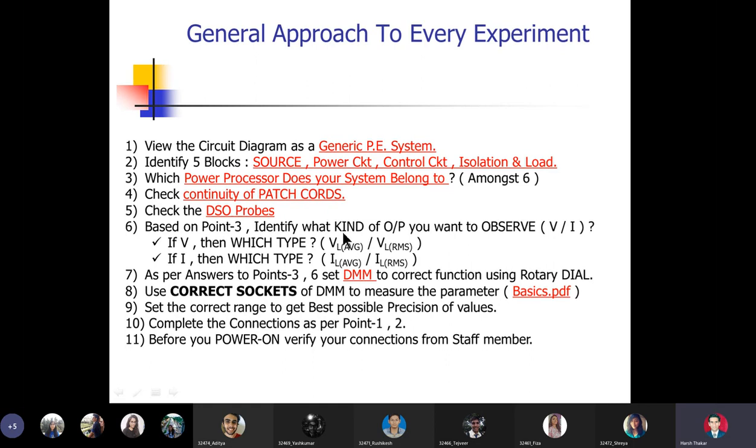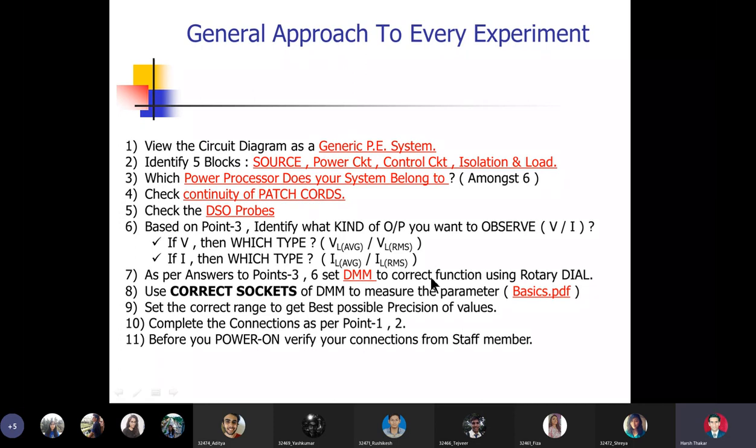So you know that any signal waveform in power electronics can have an average value or an RMS value, which indicates either the DC content or the AC content of the signal. So if you know which power processor you are experimenting on, you also know whether the output is AC or DC. Accordingly, you can set the DMM to measure either average voltage VL/AVG or RMS voltage, that is VL/RMS.